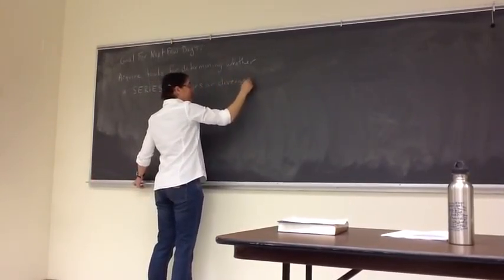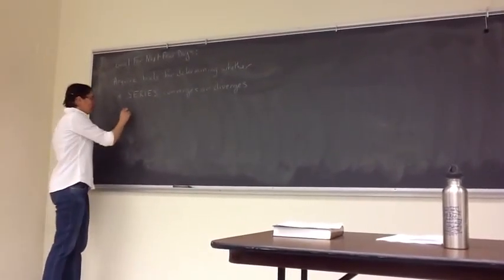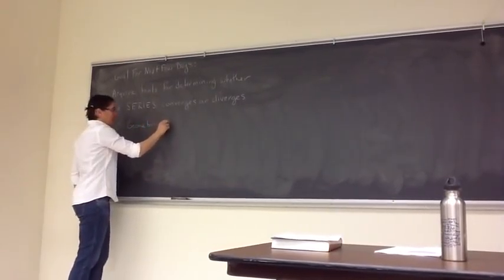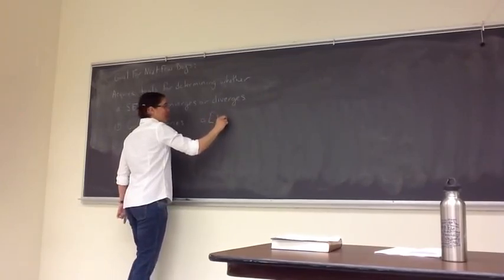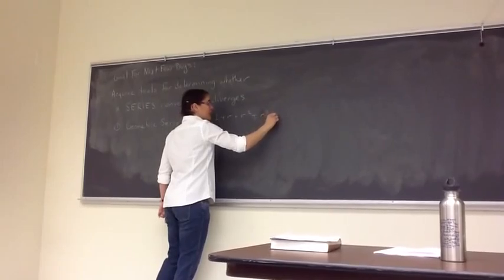So far, the only tool that we have is when a series is a geometric series. In other words, when the series can be written in the form a times 1 plus r squared plus r to the third plus dot dot dot.